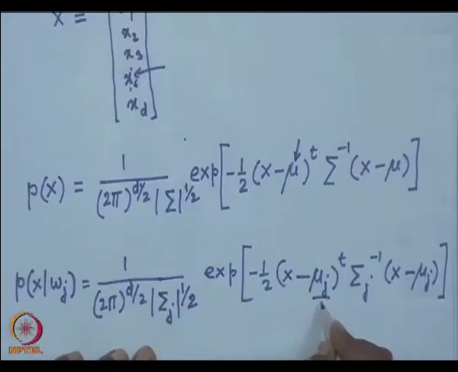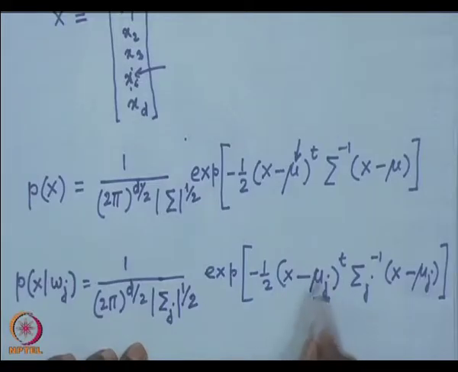In case of a single variable, it is decided by mu, which is the mean of x, and the variance sigma square. In case of vector variables, the shape and position of the probability density curve is decided by the mean vector, which is mu j. So, this mean vector decides the location of the probability density curve, and in case of a vector, instead of a curve, it will be a surface.